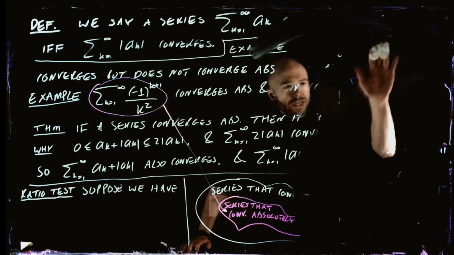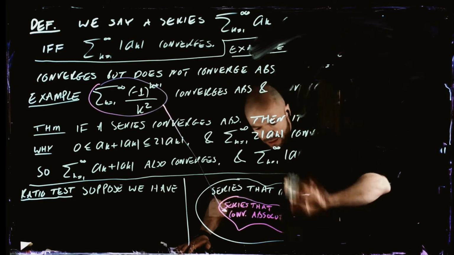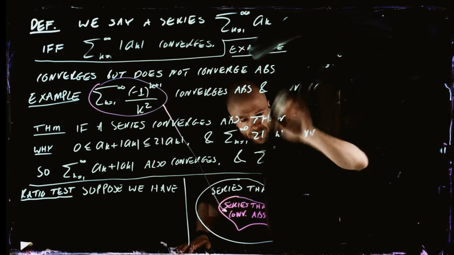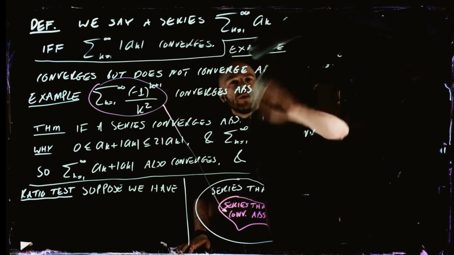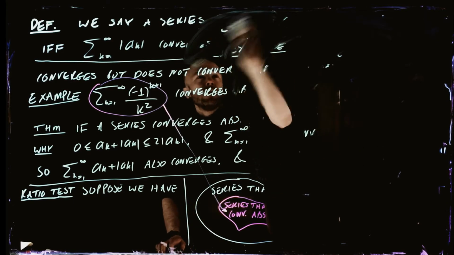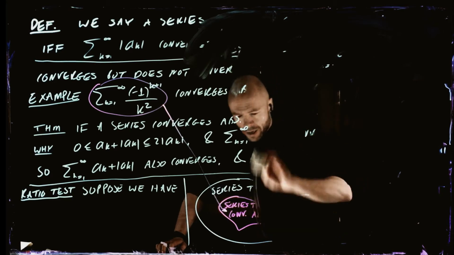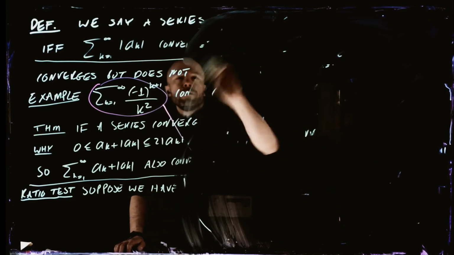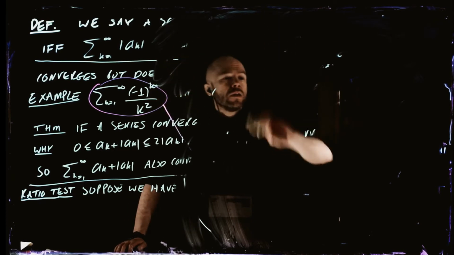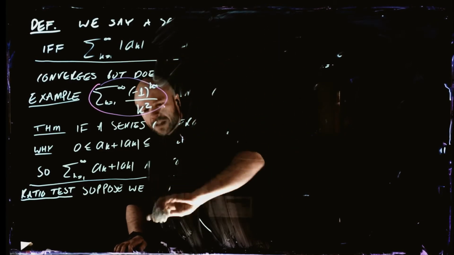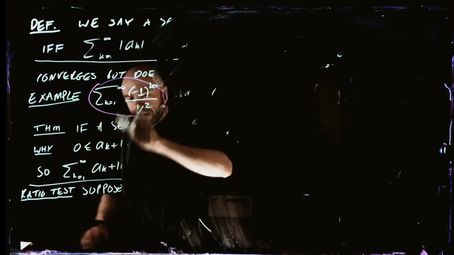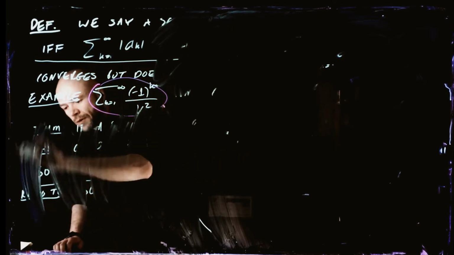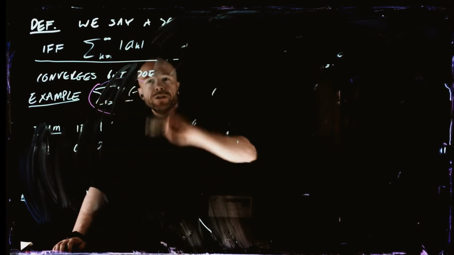So what the ratio test says is that if we look at the ratio of the absolute value of a_(k+1) over a_k, and we take the limit of that thing, if that limit is less than 1, then the series converges absolutely. If that limit is bigger than 1, then the series diverges. And if the limit is equal to 1, then we don't know anything.